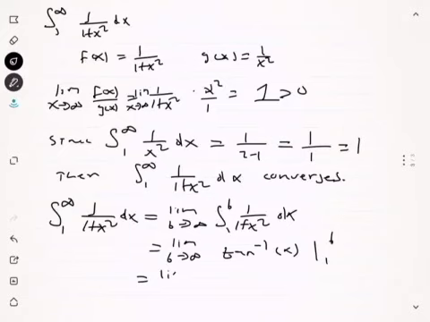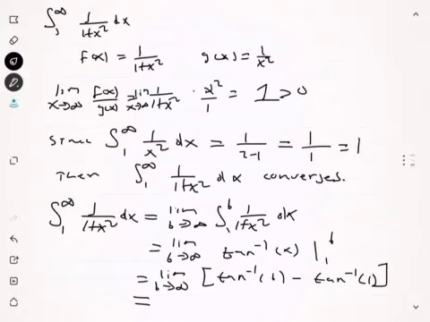This is the limit as b approaches infinity of tangent inverse of b minus tangent inverse of 1, and the limit of tangent inverse of b as b goes to infinity is pi over 2, and tangent inverse of 1 is pi over 4. So all of this is pi over 4. This is what the original integral converges to, and we don't really need the limit comparison test.